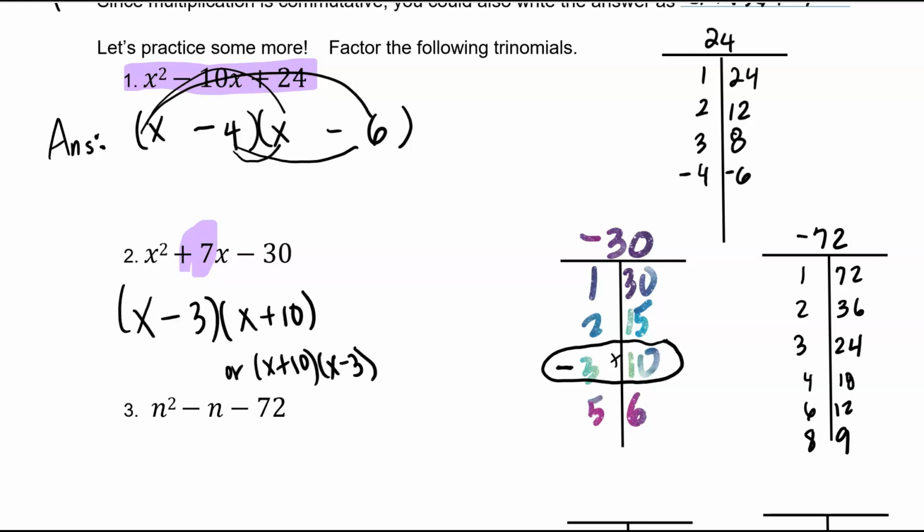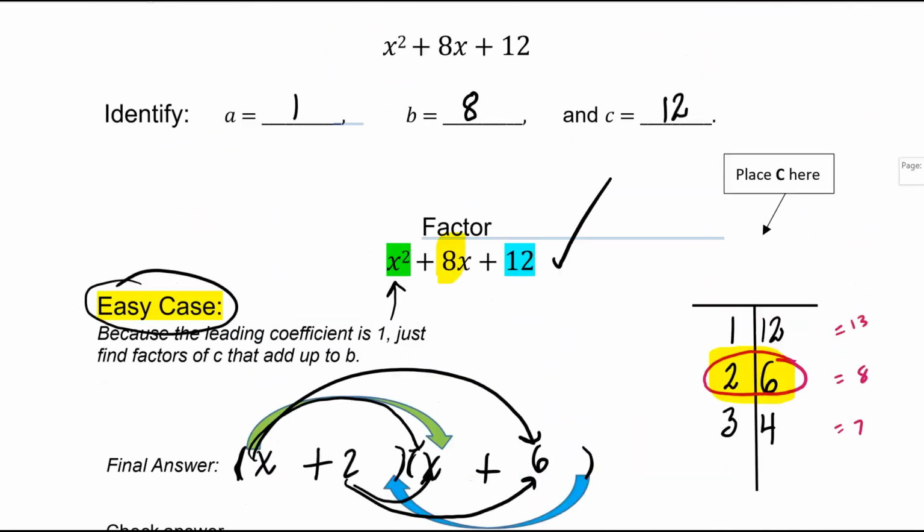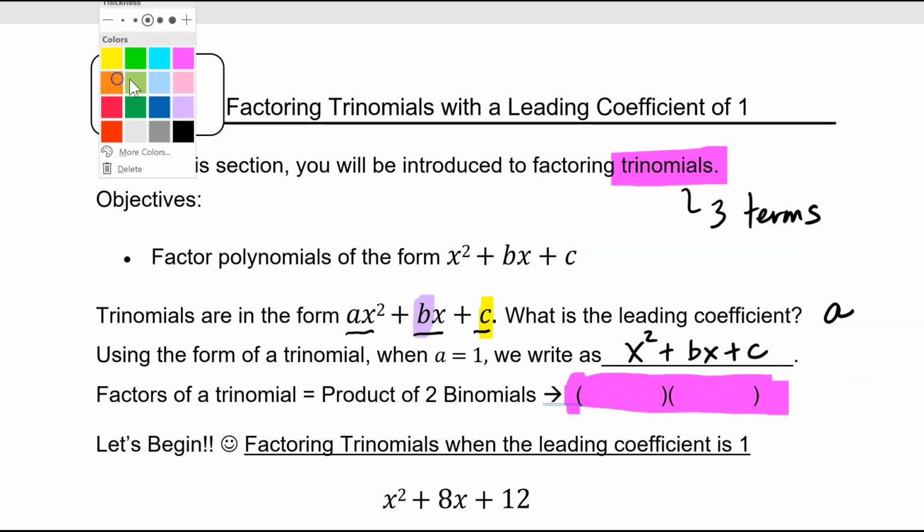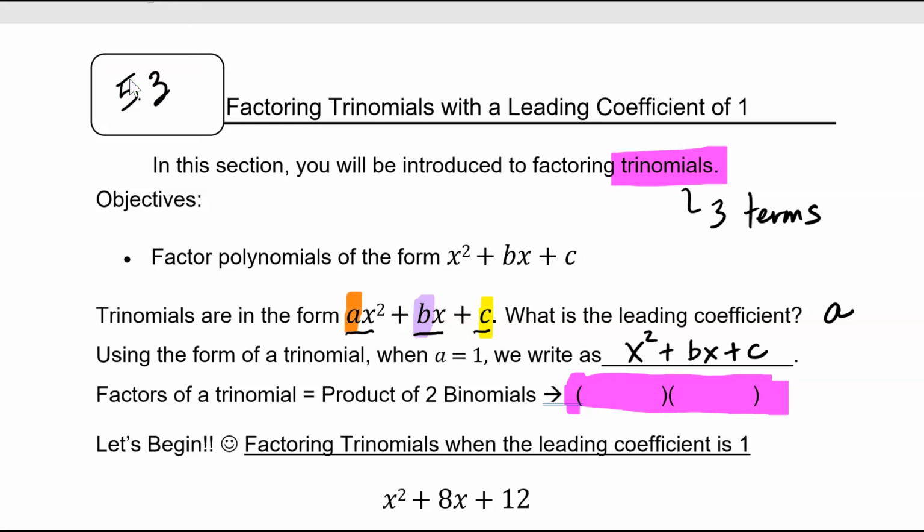What is our B? So again, when we refer to A, B, and C, what we're really referring to are the numbers in front of the variables, not the variables themselves.